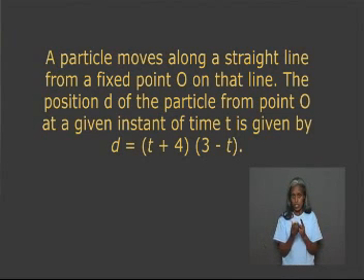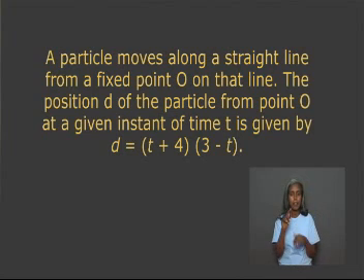The position D in meters of the particle from point O as a function of time t in seconds is given by D equals t plus 4 times 3 minus t.